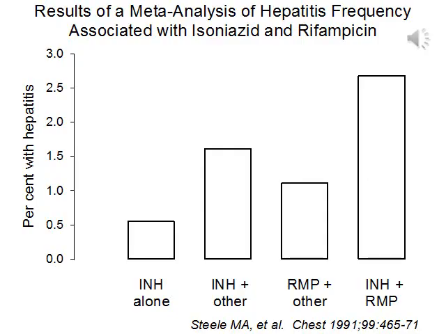And this slide shows results of a meta-analysis of hepatitis frequency associated with the combination of isoniazid and rifampicin. And as it shows, when isoniazid and rifampicin are given in combination, the frequency of hepatitis occurrence increases.